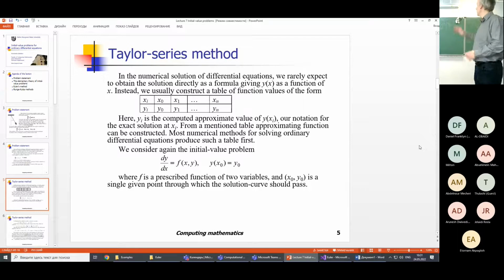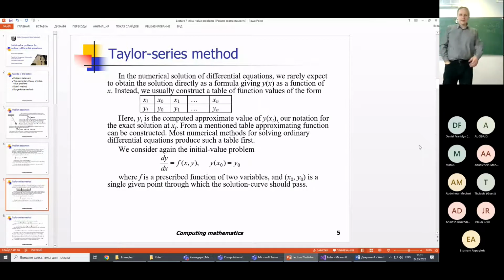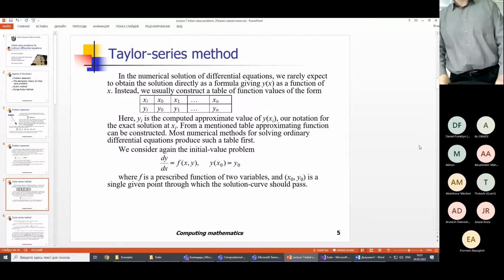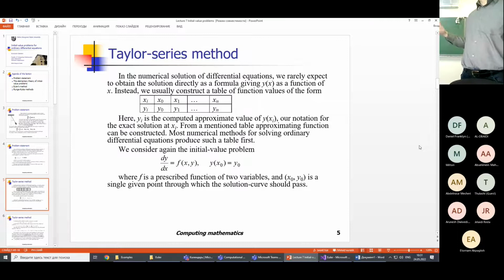Here y_i, for example y1, y2, is a computed approximate value of y of x_i. y of x_i will be our notation for the exact solution at the point x_i.